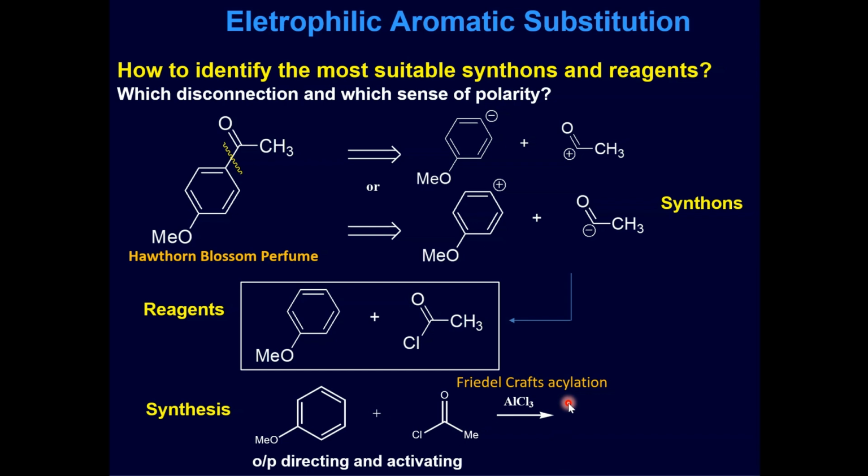What all it indicates? It indicates that we should have the knowledge of the reagents. We should have the knowledge of the type of reactions. We should have the knowledge of catalysts.